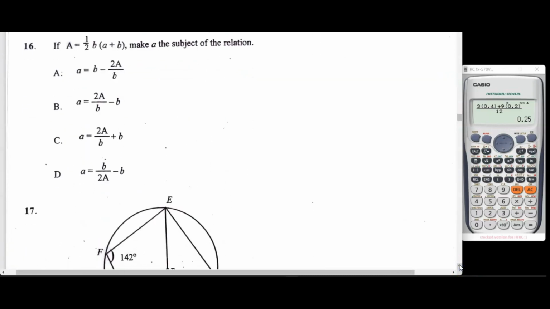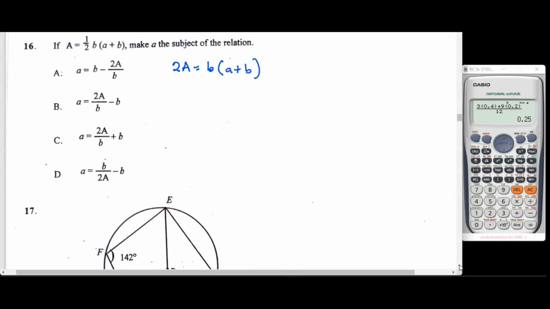Question 16 says that if A is equal to half b into bracket a plus b, now make small a the subject of the relation. So for change of subject, we can go straight by multiplying through by 2. So we have 2 multiplying capital A must be equal to b into brackets a plus b.